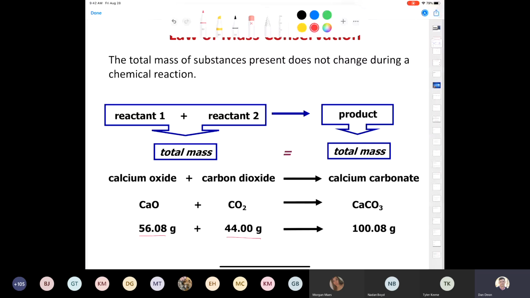So there's a chemical reaction, okay, there was a change. We formed this compound called calcium carbonate, and the mass is 100.08. Well, looky, if you add up 56.08 and 44.00 on your calculator, you're going to end up with 100.08. And so the law of mass conservation was obeyed. If you're like, what's your point, Mr. Deon? What are you yammering on about?